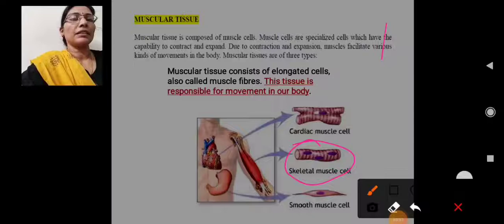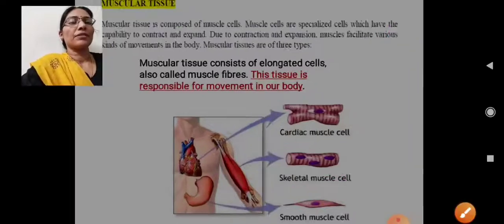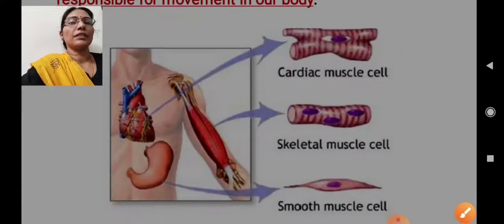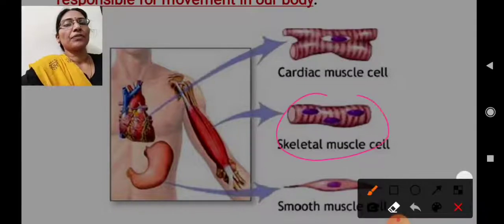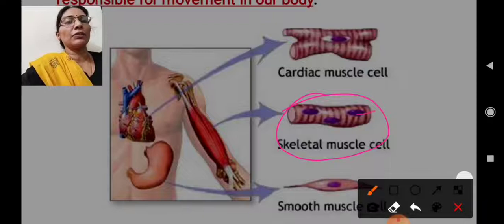You can enlarge it here. Here you can see the skeletal muscle, and it has multiple nuclei. This is one nucleus, this is the second nucleus, the third nucleus.